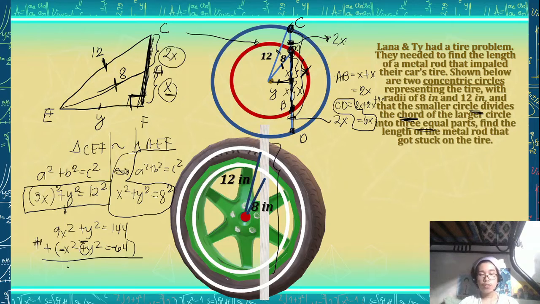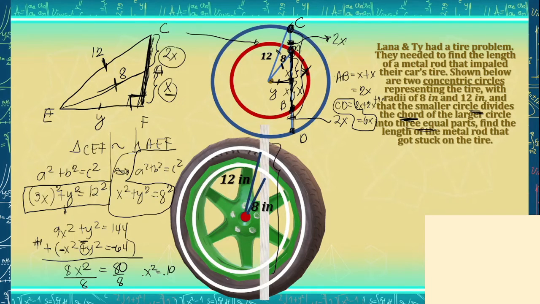So therefore this is going to give us 8x squared is equal to 144 minus 64, so that should give us 80. So 8x squared is equal to 80, dividing both sides by 8. So therefore x squared is equal to 10.